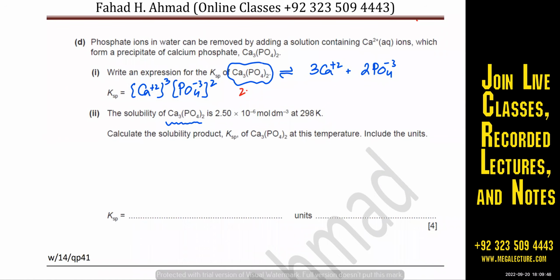The solubility 2.5 times 10 to the power minus 6 mole per dm cube is the amount that has dissolved. The amount of calcium ions will be 3 times more, so that's 7.5 times 10 to the power minus 6 mole per dm cube. And the amount of phosphate ions will be 2 times more.